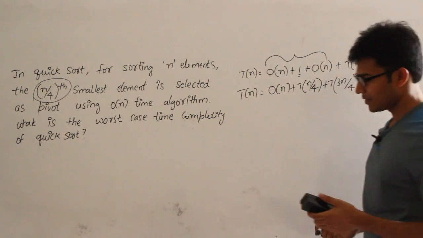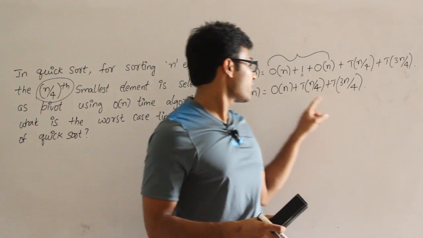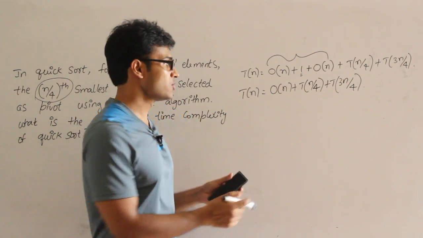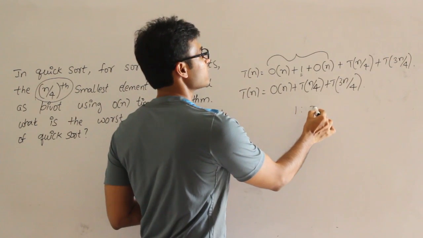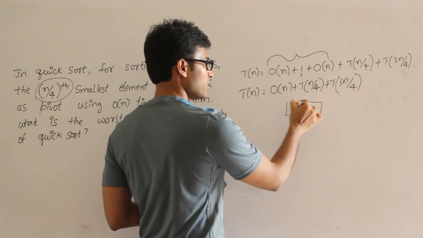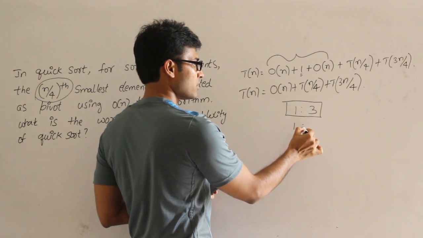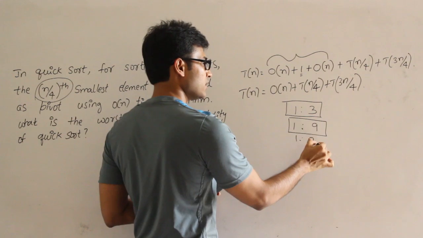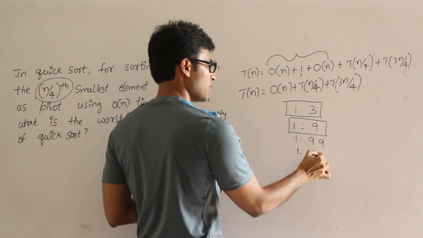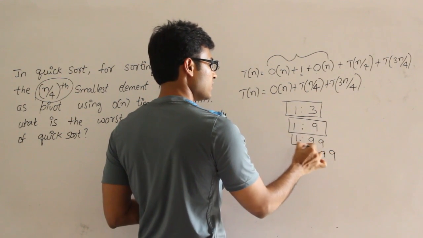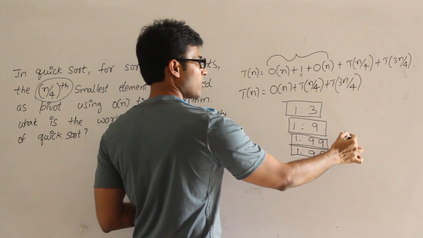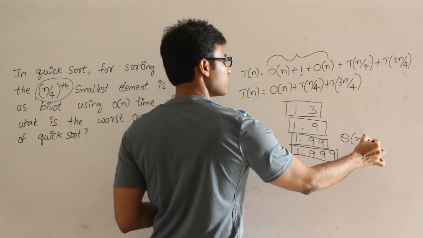So this is nothing but, using an order of n time algorithm, I am partitioning the input in a ratio of 1:3. And I have already shown you that even if the problem is broken into the ratio of 1:9, or 1:99, or 1:999, still the time complexity is n log n, right?